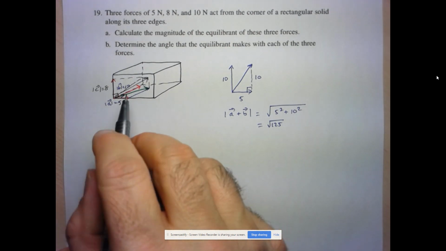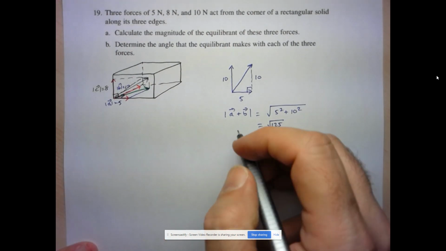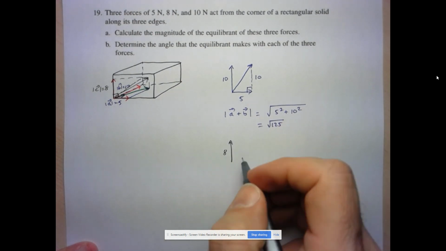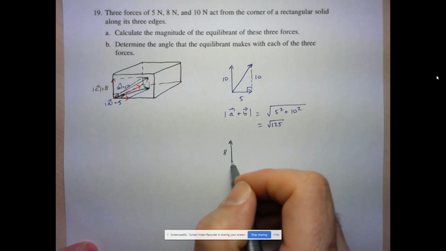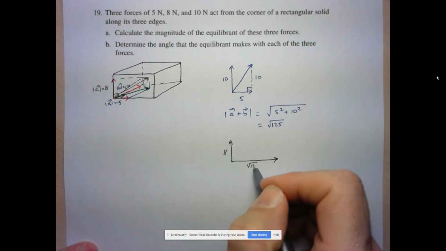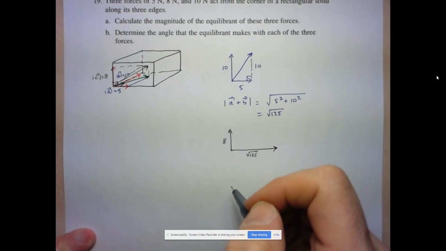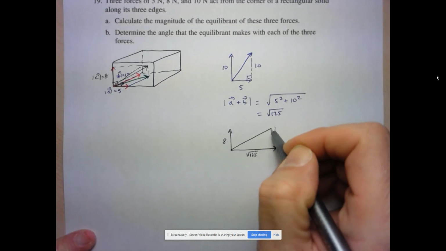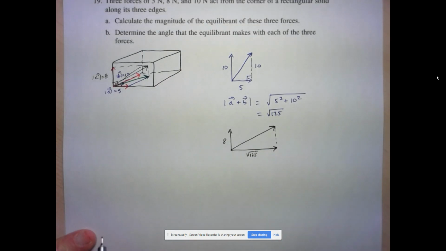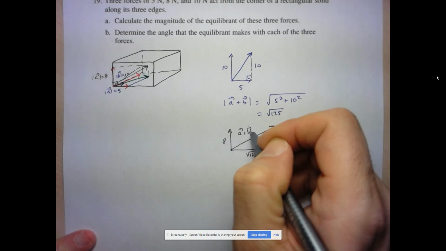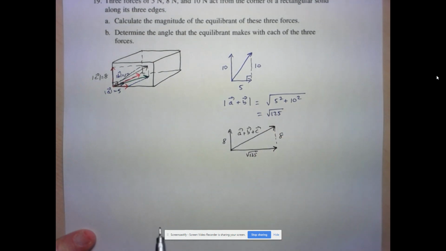So just to make it a little clearer, I'm going to draw a picture here. I've got my 8 Newton vector here, and now I've got on the bottom my root 125 Newton vector. When I add these two together, there's my resultant. So if I call this A plus B and now plus C, I can calculate the magnitude.